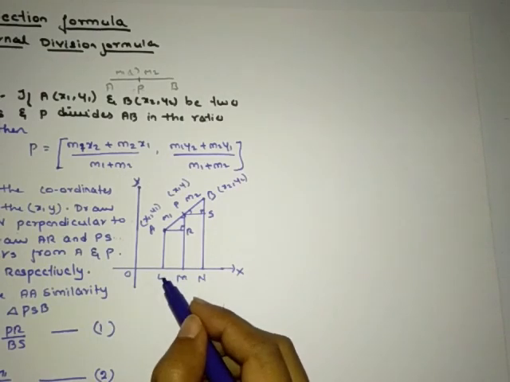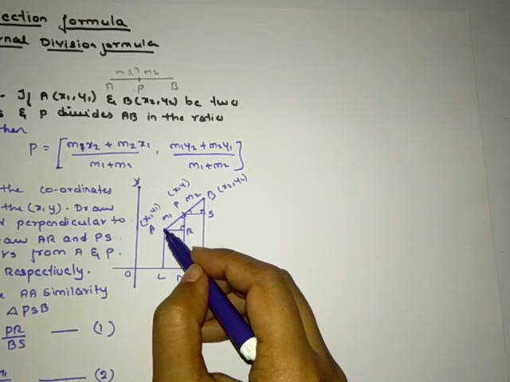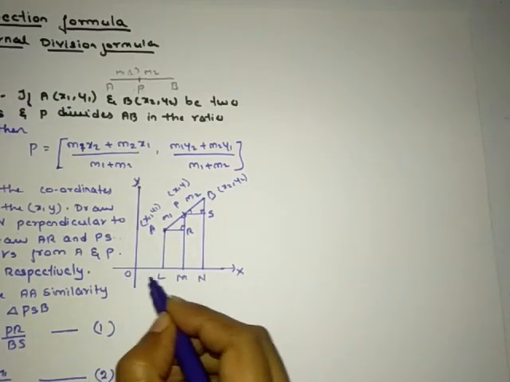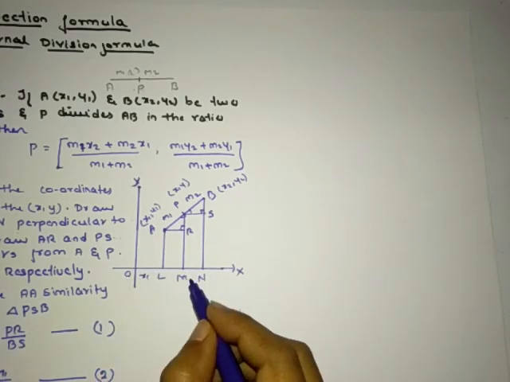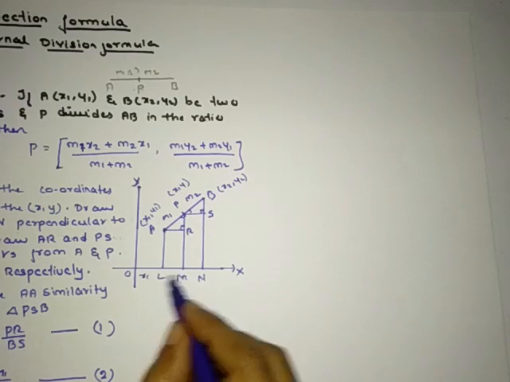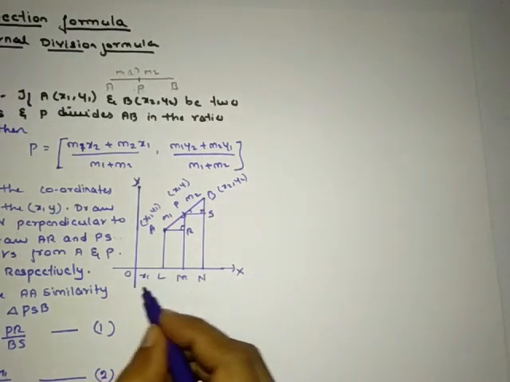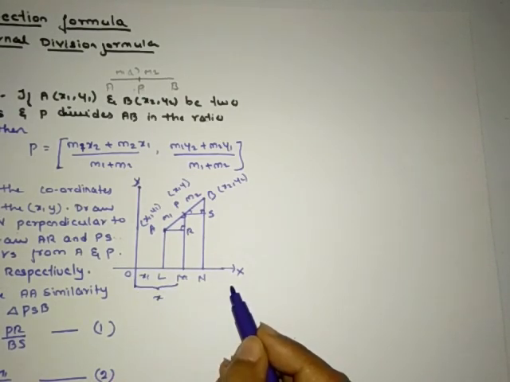Now the length of OL will be x1, because the point A is at a distance x1 from O, isn't it? The length of OL is x1, and the length of OM, this is the x-axis, right? So from O to M it is x, only OL is x1.